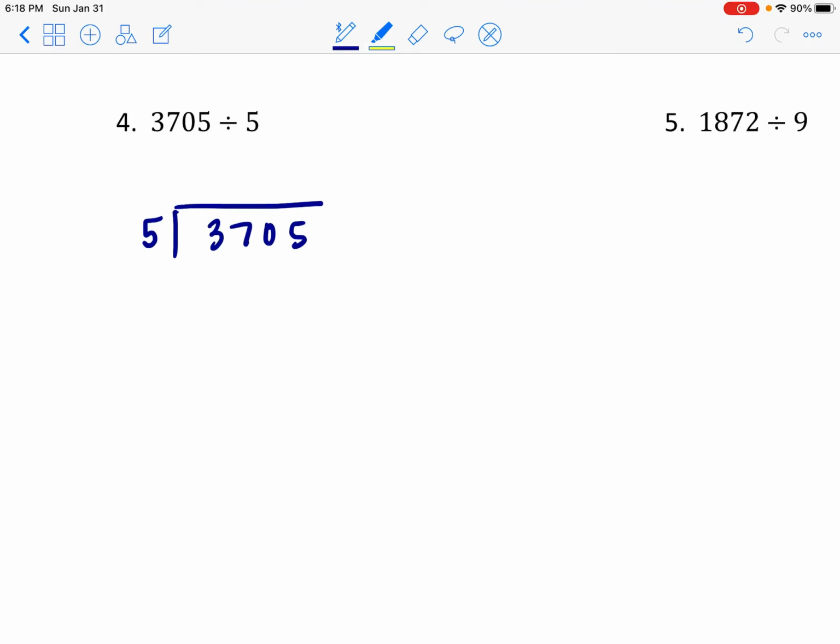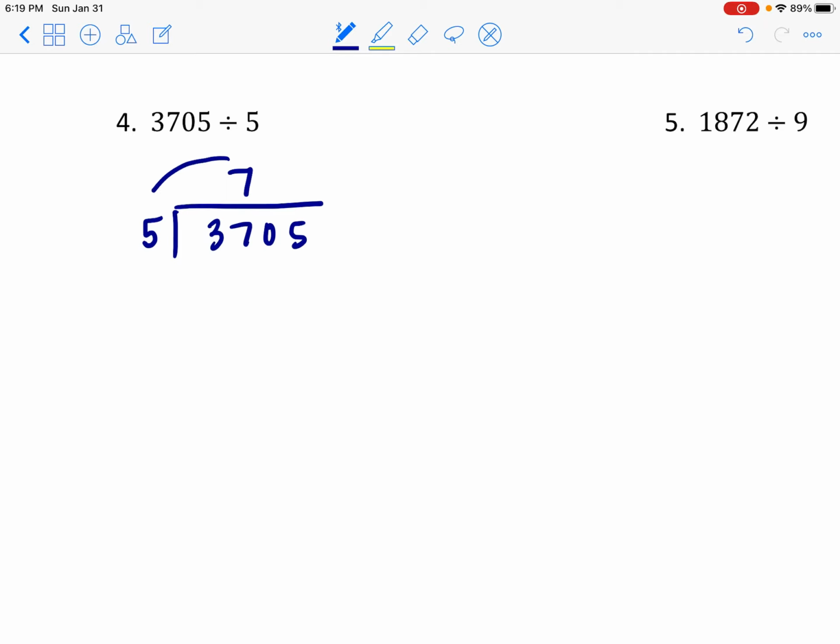So we start with division, and I want to see how many times our divisor goes into the first part of our dividend. But 5 doesn't go into 3, which means I have to look at the first 2 digits. So I'm looking at how many times does 5 go into 37. Well, 5 goes into 37 7 times. That's the first part of my answer.